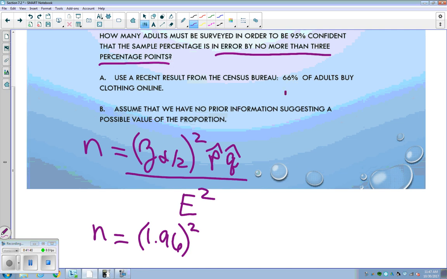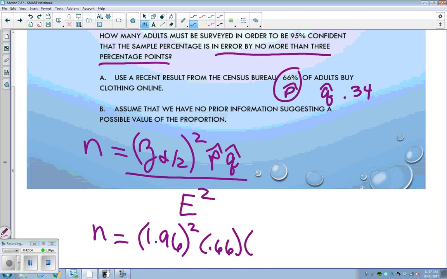So 66% is going to be p hat. What's q hat then going to be? 0.34.